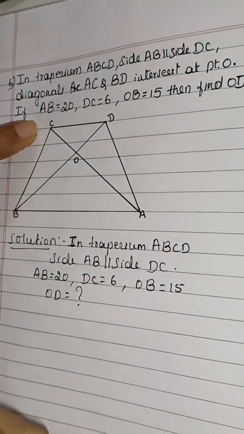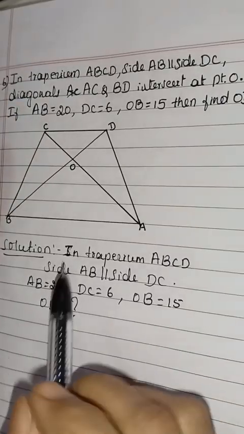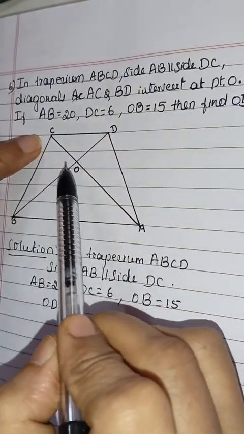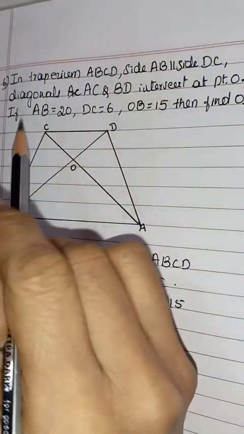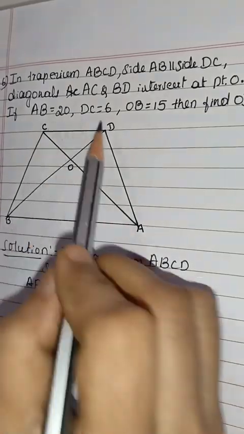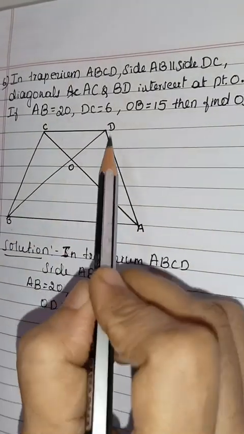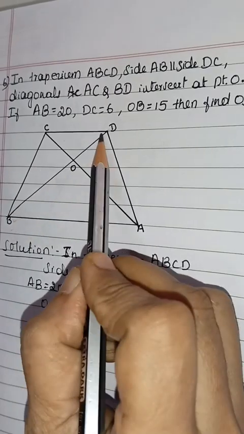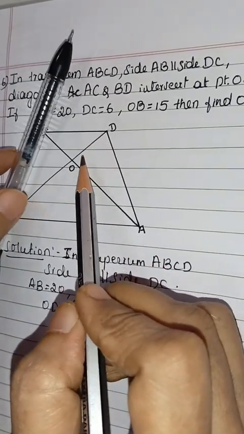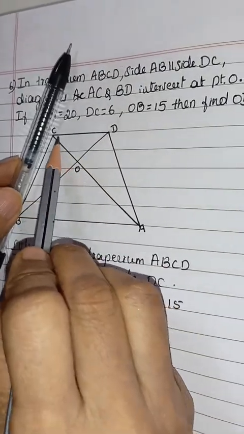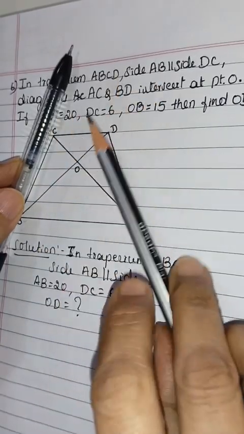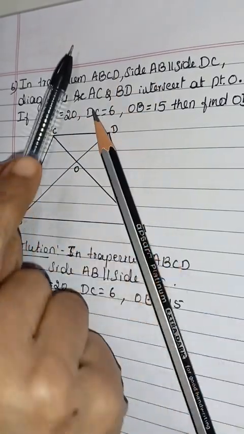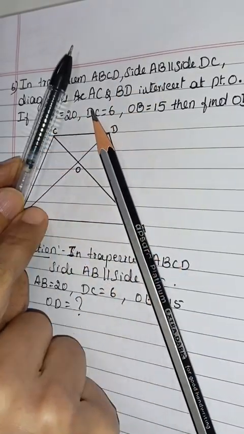In the same way as the fifth question, these two are parallel lines, and DB is a transversal.